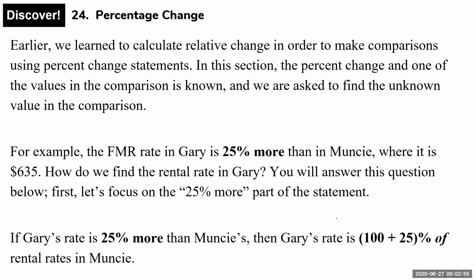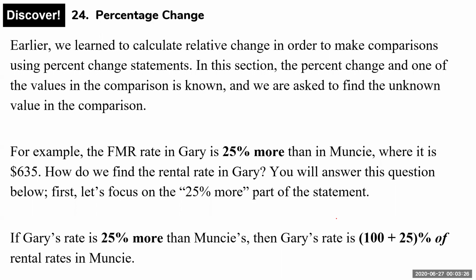Now here, earlier we learned how to calculate relative changes in order to make comparisons using percent change statements. In this section, the percent change and one of the values in the comparison is known, and we are asked to find the unknown value in the comparison. So here, for example, the FMR rate in Gary is 25% more than in Muncie, where it is $635.